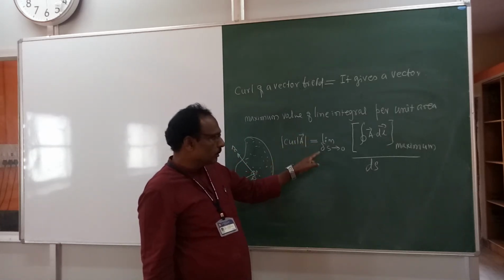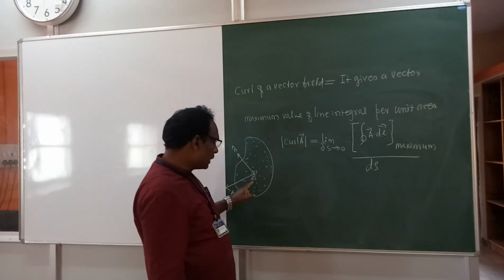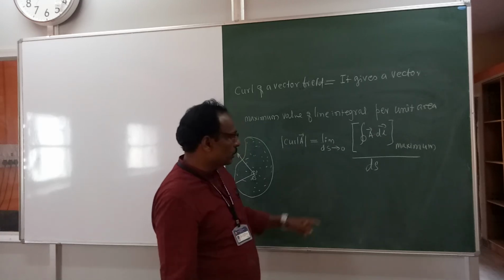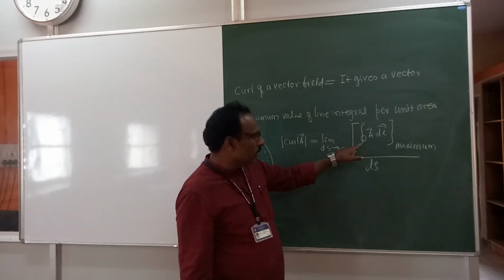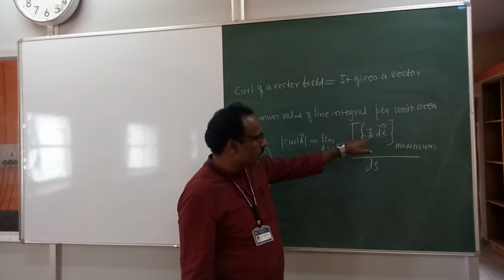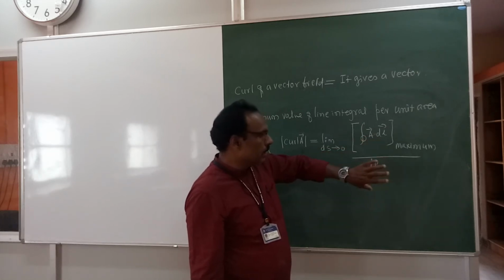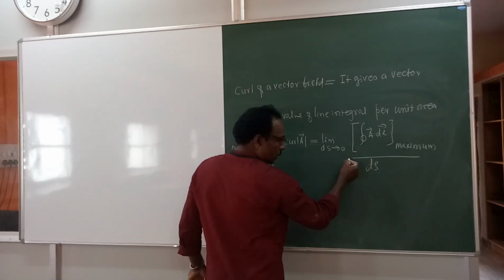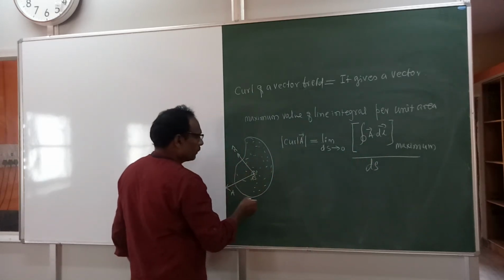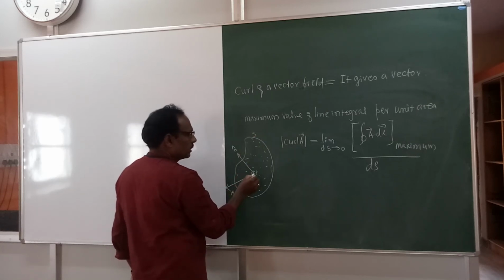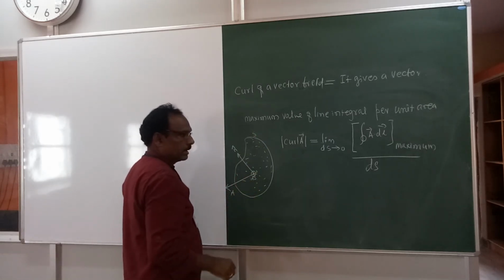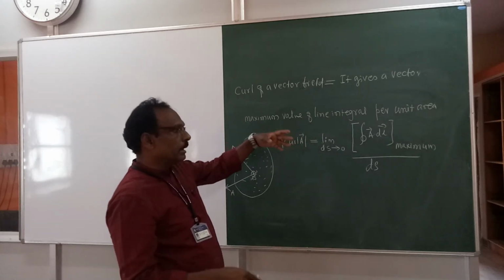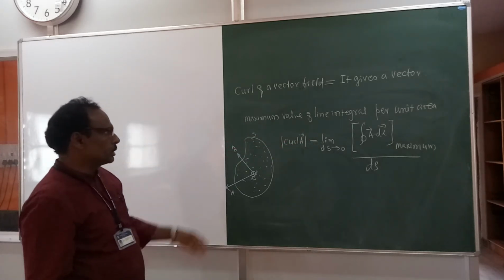It is equal to limit ds tends to 0, the maximum value of the closed line integral A dot dl, taken over the closed path, divided by the area of this elementary or test area ds.